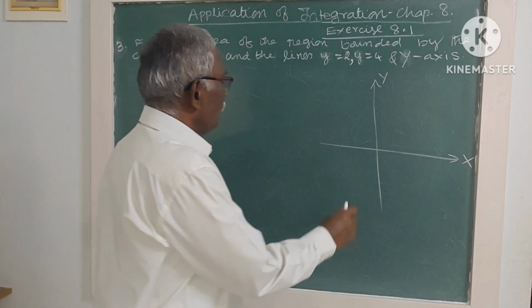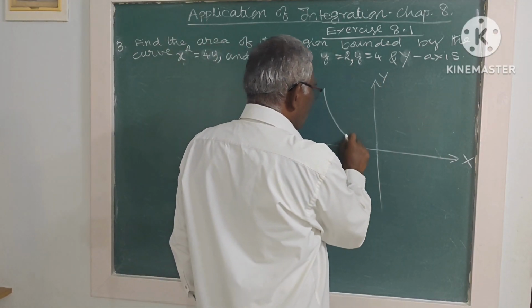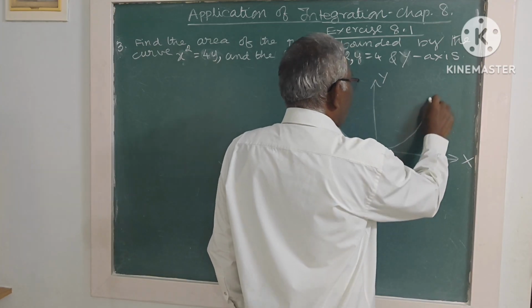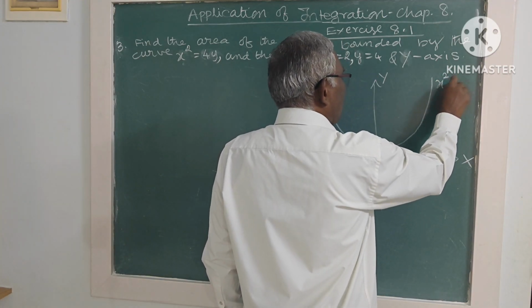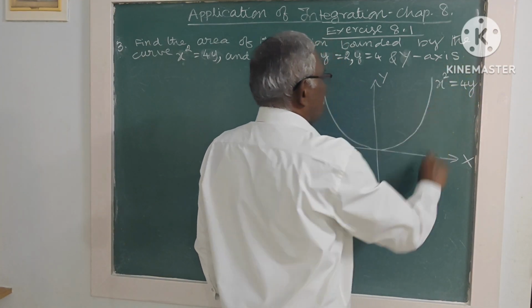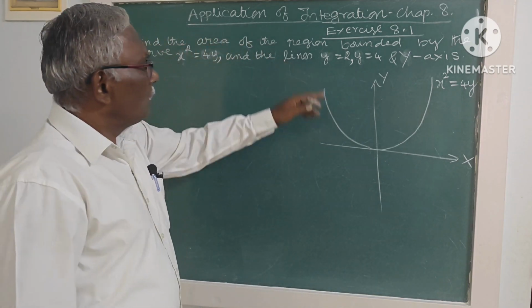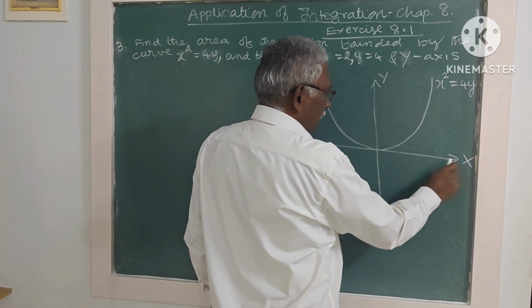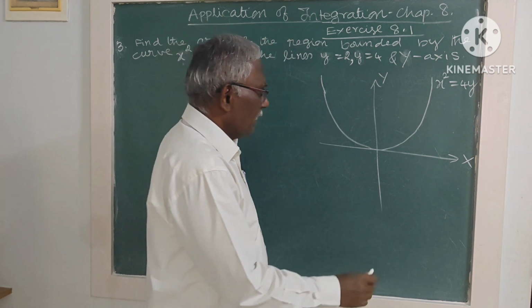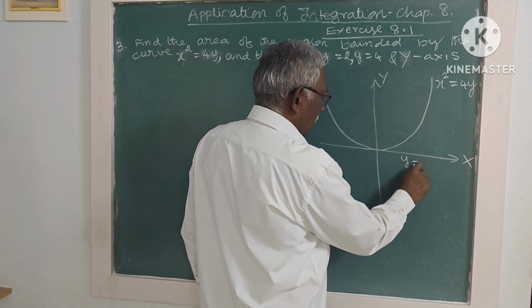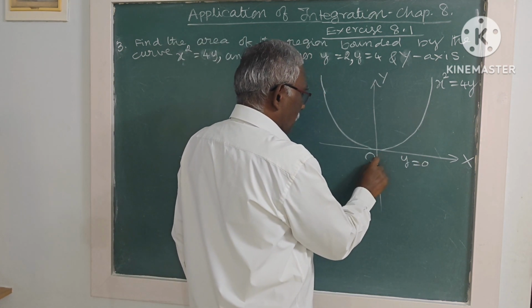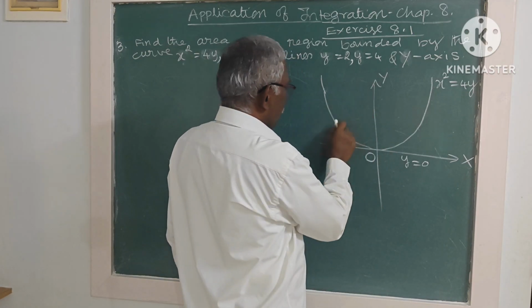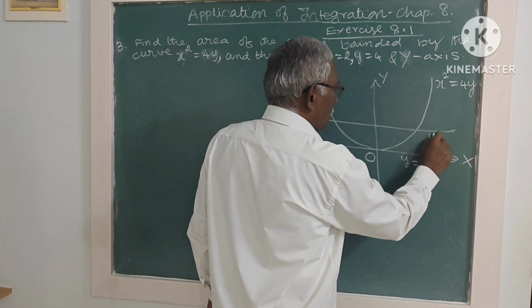X square is equal to 4y, and the lines: equation of x axis is y is 0, and y is 2, so this line is y is 2.